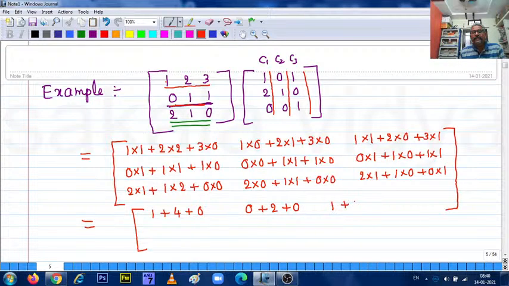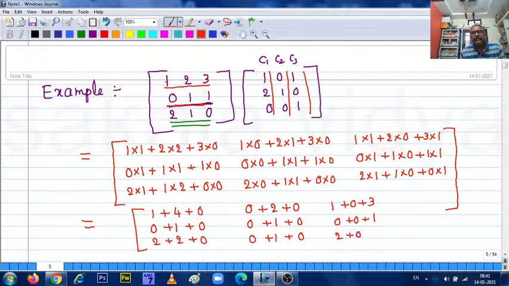1 plus 0 plus 3. Now 0 plus 1 plus 0. 0 plus 1 plus 0. 0 plus 0 plus 1. 2 plus 2 plus 0. 0 plus 1 plus 0. 2 plus 0 plus 0.